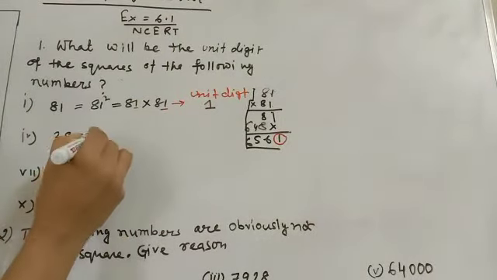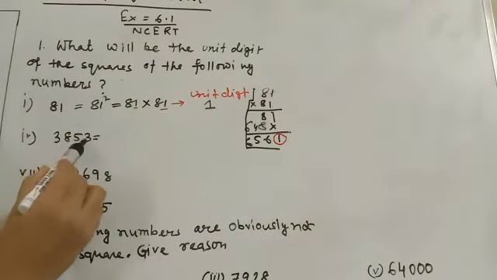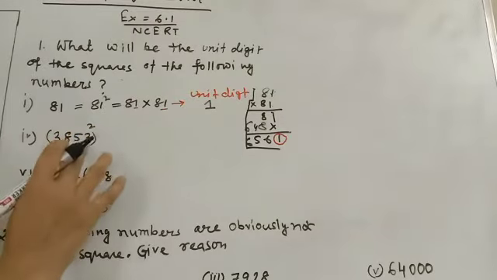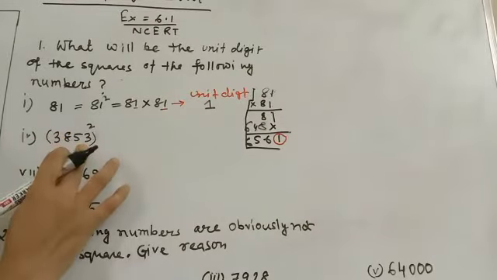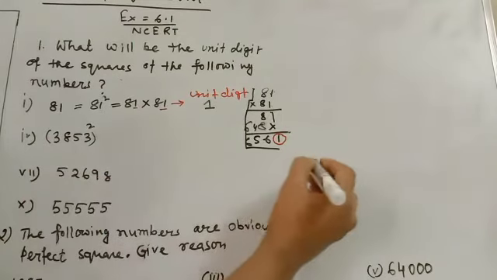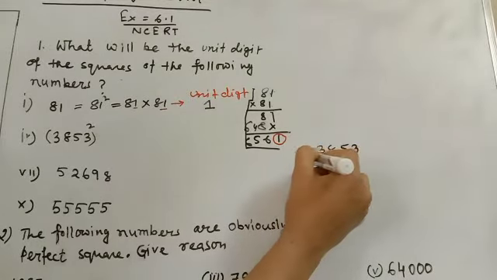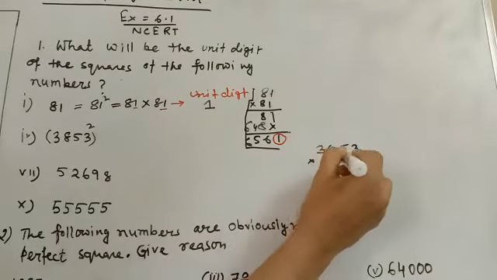See, the same way when you are multiplying 3853, you are doing this square only. So what will you get in the unit place? Obviously you will multiply 3 into 3. 3853 into 3853.